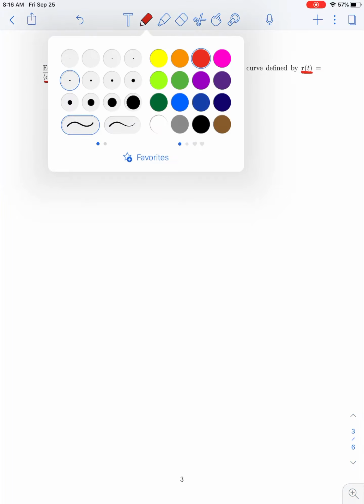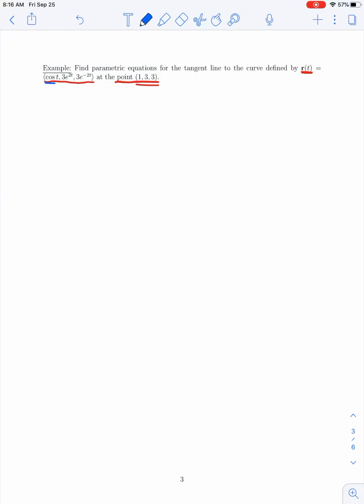So setting these 3 component functions, cosine of t, 3e to the 2t, and 3e to the negative 2t, to the coordinates of my point, 1, 3, and 3, I can see quickly that t must be 0.